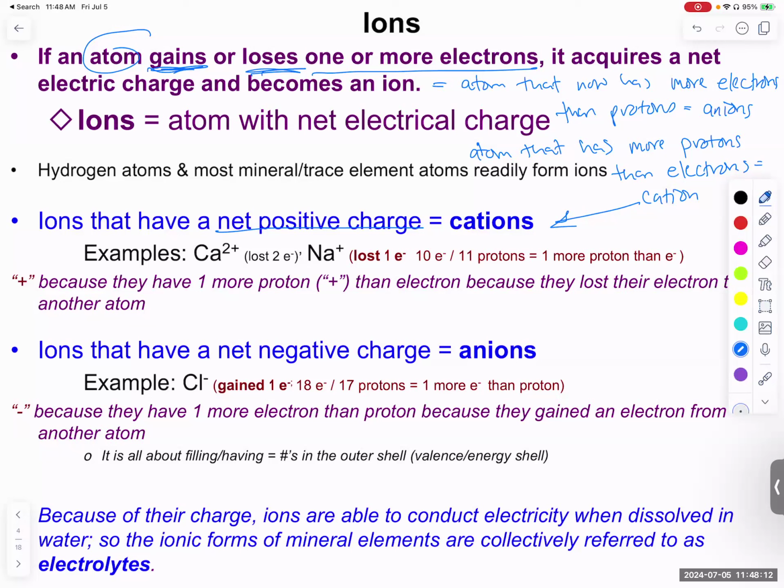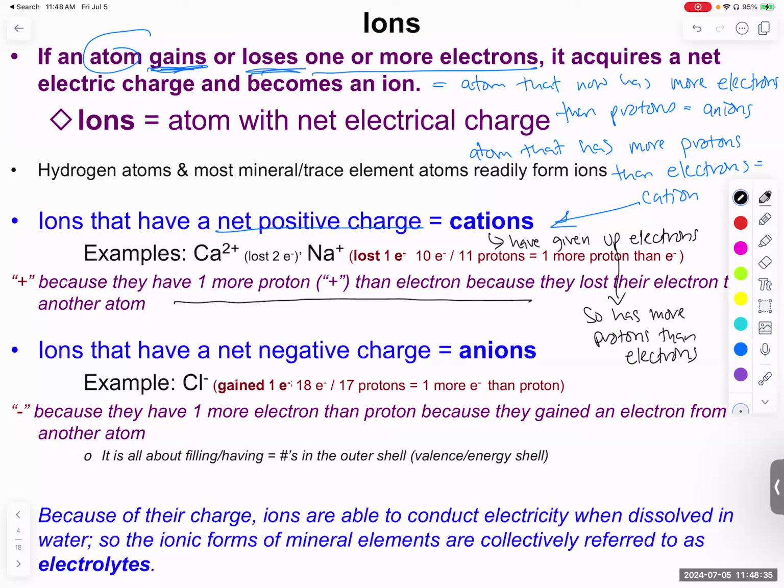So cations are said to have given up electrons, right? So it has more protons than electrons. That's why you see a plus, because the plus is for protons, more protons than electrons.